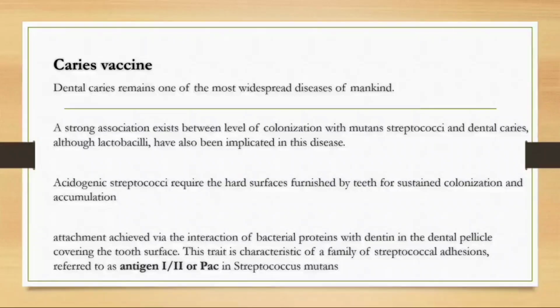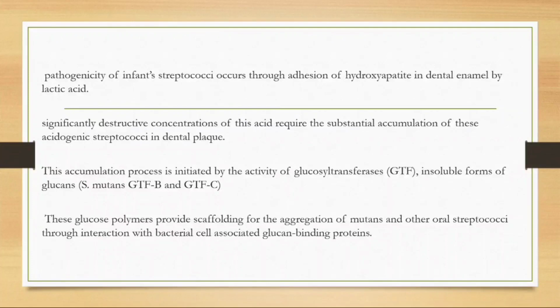Somewhere we are going to interrupt this attachment or its multiplication, that is, the bacteria I'm talking about, streptococcus, and the pathogenicity of streptococci occurs through the adhesion of this to hydroxyapatite. So that way we are trying to prevent the adhesion.